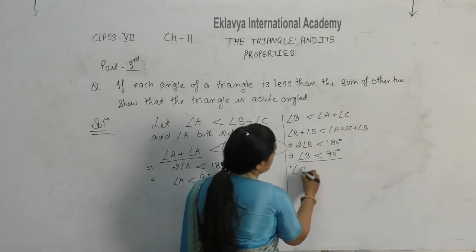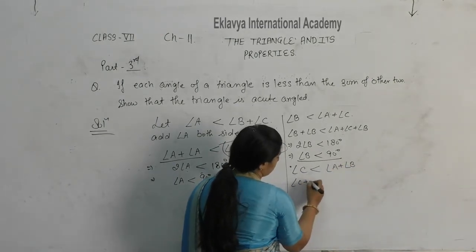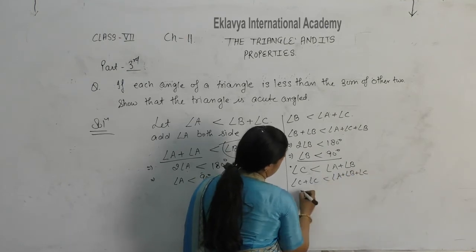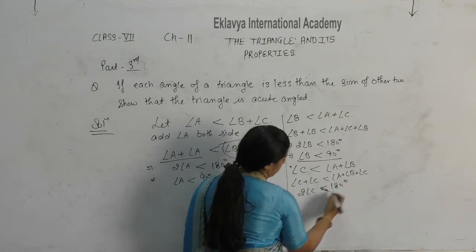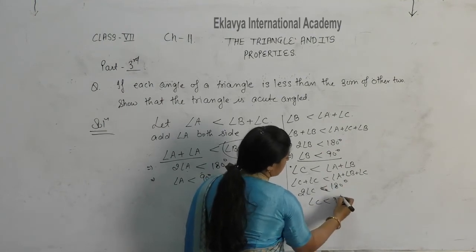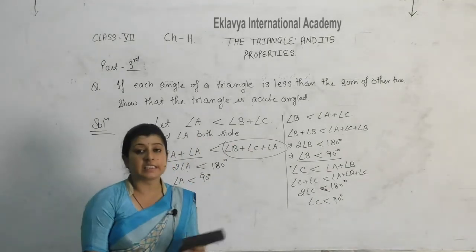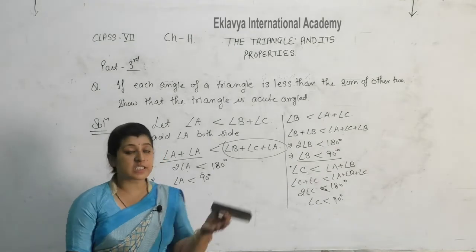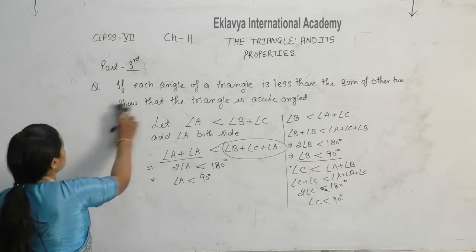Next, we can also consider angle C. It means if all the angles in a triangle are less than 90 degree, then this is called an acute angle triangle. So this time we will prove this question. Okay, now see the next one.